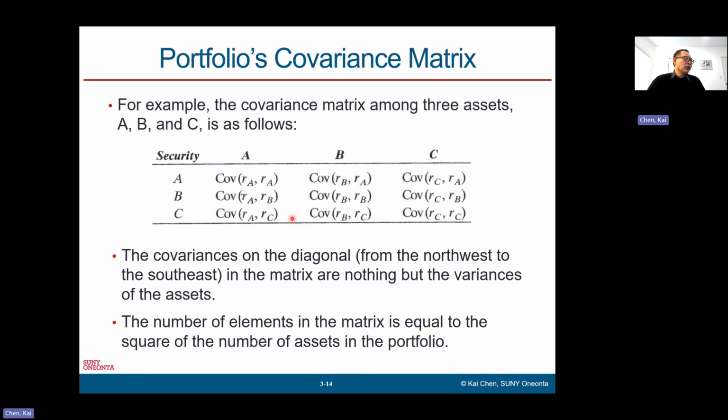For example, I choose an element here. This element shows the covariance between the column asset C and the row asset C. And for this one, it shows the covariance between the column asset B and the row asset C. So we can show the covariance between any pair of assets in the portfolio in this matrix.